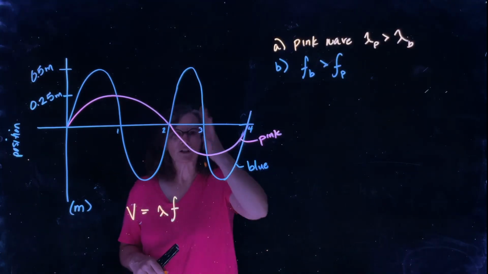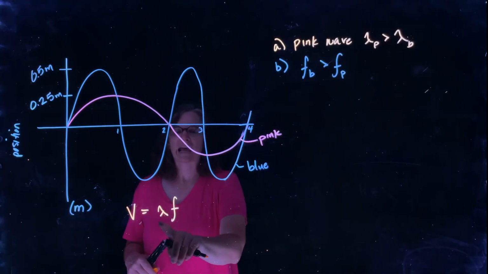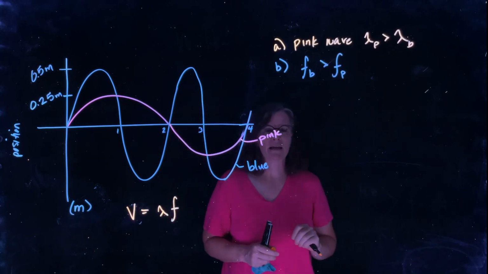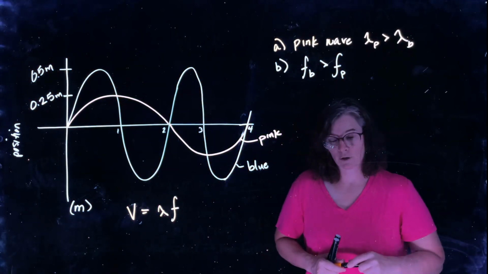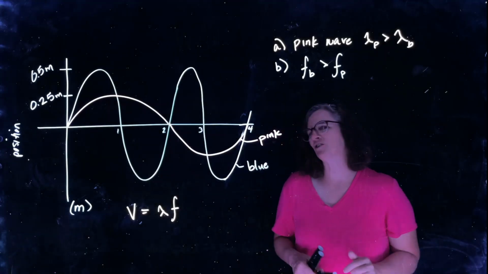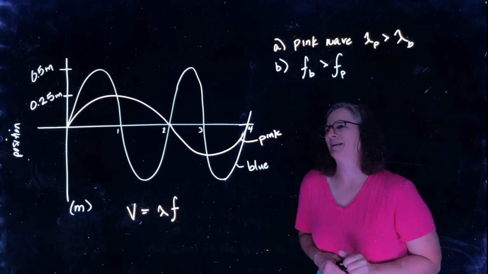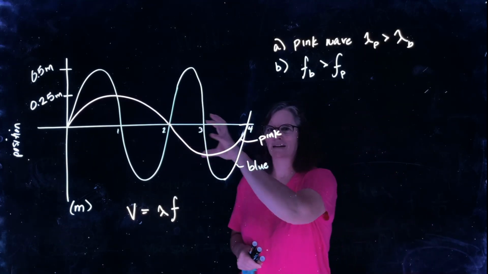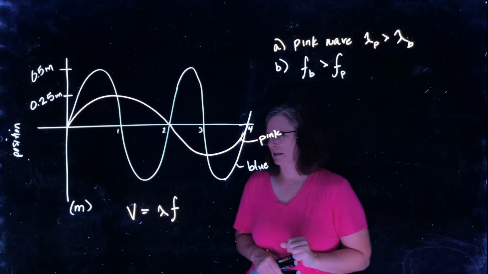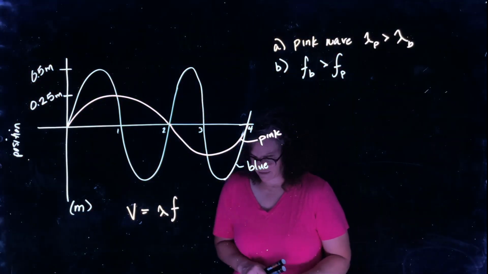And so visually it looks like they're going up and down faster, more frequency, and their wavelengths are shorter. So it also makes sense from a mathematical perspective, assuming they're traveling at the same wave speed. And I encourage you to check out that wave speed to see if that assumption makes sense. It does, I'll tell you right now. But it's easy to recognize if we consider these traveling along together. All right, so the frequency of the blue is greater than the frequency of the pink wave.